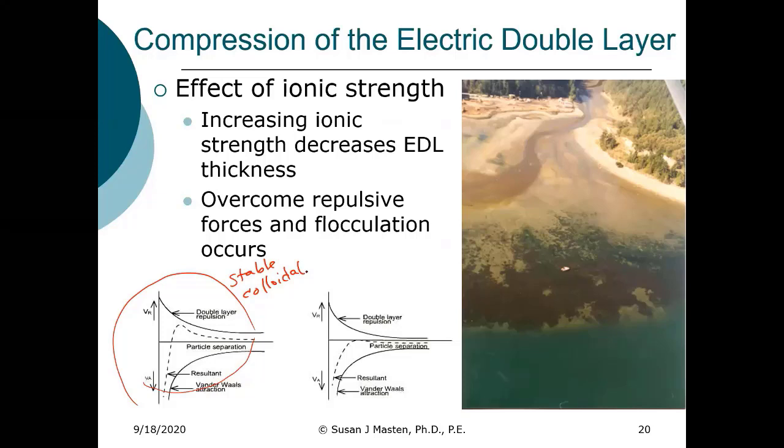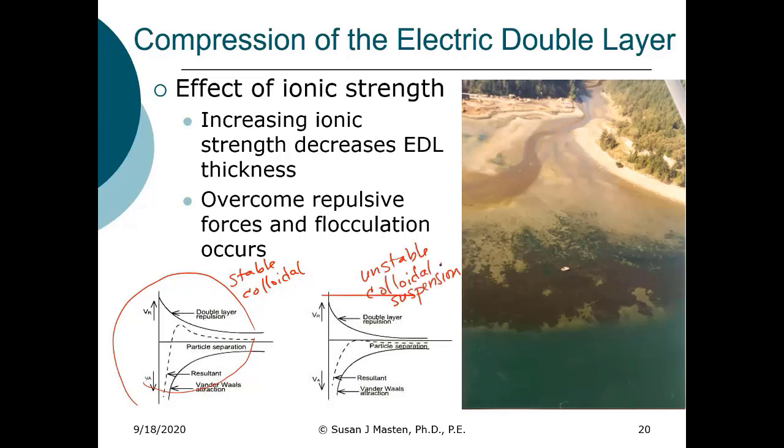And then when that fresh water hits the saline water, you get compression of the double layer and you form an unstable colloidal suspension. And we can use this in an engineering system to treat waters.